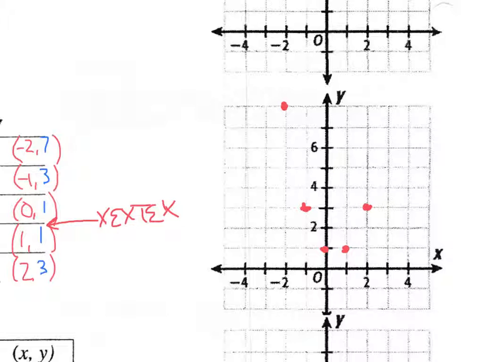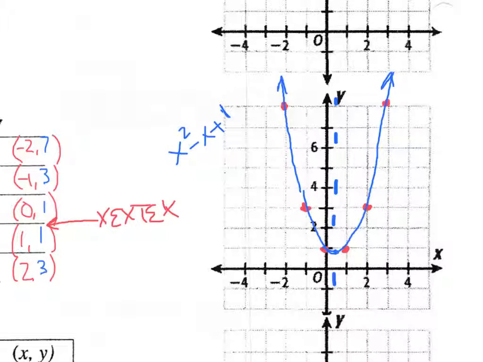This is the point negative 2, 7, and since we know this is a symmetrical structure, we can make the assumption that the point 3, comma 7 is symmetrical to negative 2, comma 7. And then we connect the dots, rounding at the bottom of the vertex and going upward. And so the graph x squared minus x plus 1 is a smiley face because it's a positive x squared happy guy.